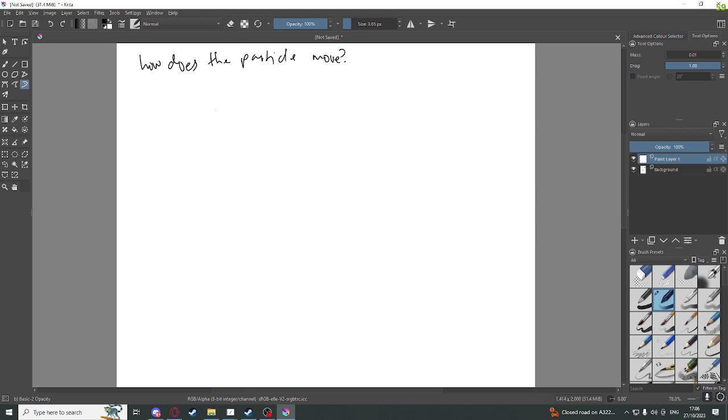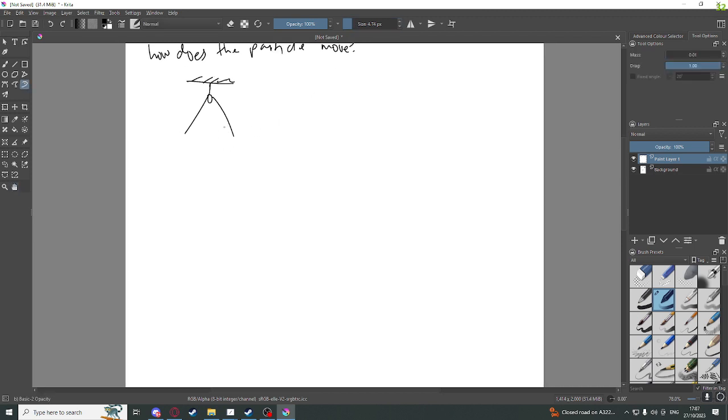And what I mean by that is, if I drew the diagram again, where this is the peg, I actually can't see where my cursor is. Oh, there we go.